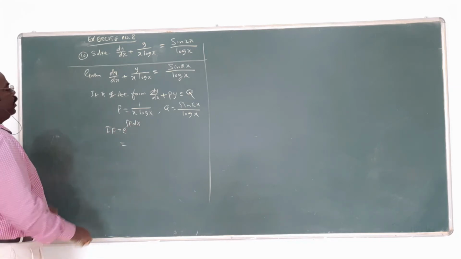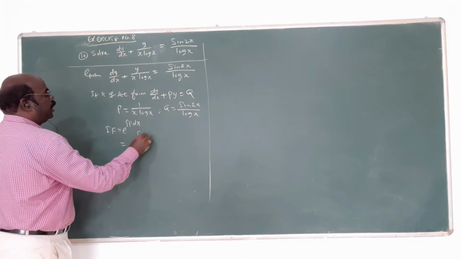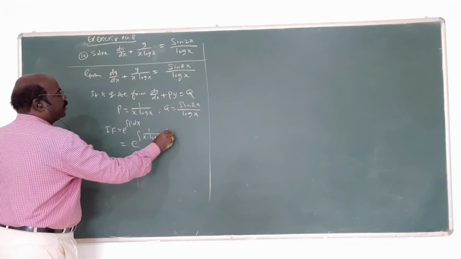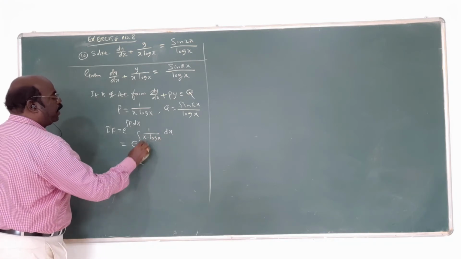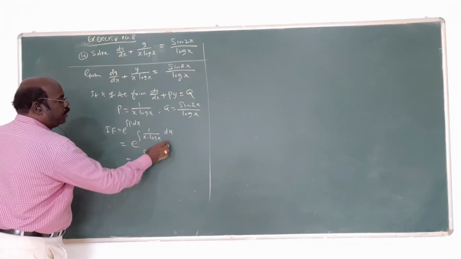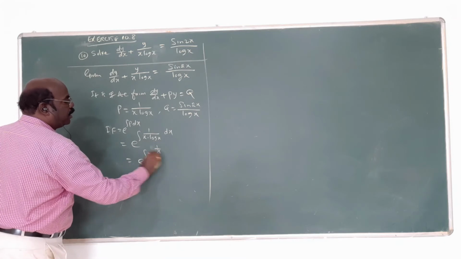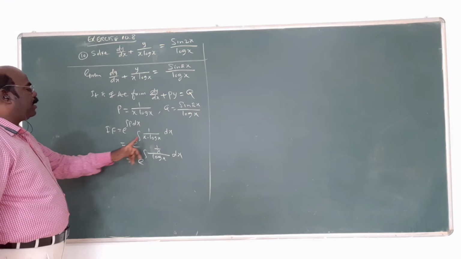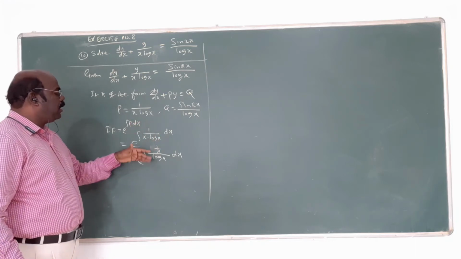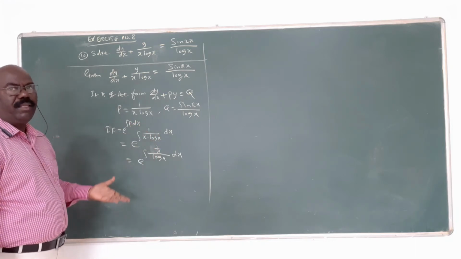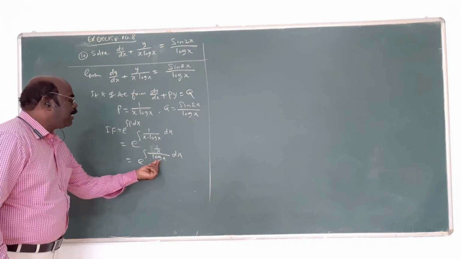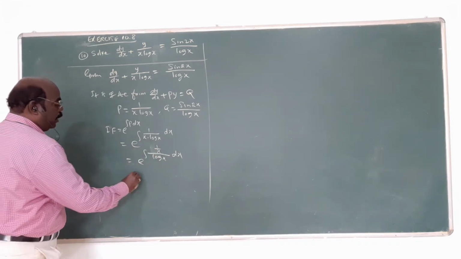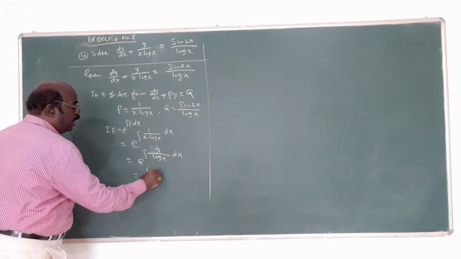So e power integral of P dx is e power integral of 1/(x log x) dx. Here the numerator 1 is the differentiation of the denominator log x, so the integral is log of log x.